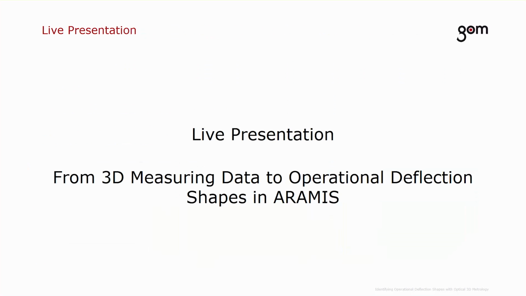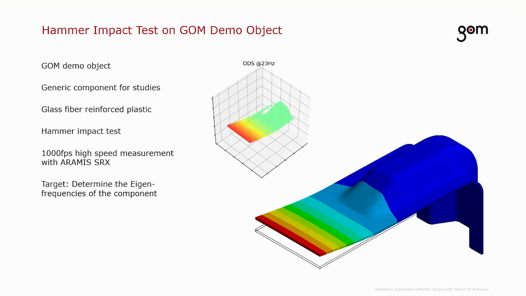So then I want to present this workflow also live in the software. And for this presentation of the workflow, I chose measuring data that we captured on our generic GOM demo object. This is a polymer component that is reinforced with glass fibers, and we subjected this component to a hammer impact.